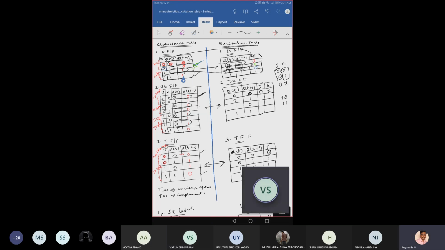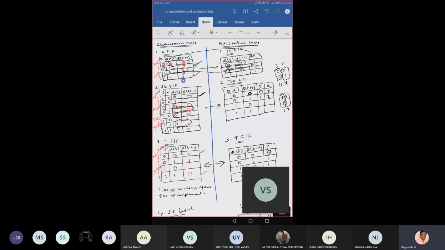Now tell me, what is the J value and what is the K value? J is 0 or 1? 1, X. Yes, correct. Yes, you are correct. 1, X. Next, 1, 0. So where do you have 1, 0? I'll change the color, then you can understand. Okay, 1, 0. So here I have 1, 0.